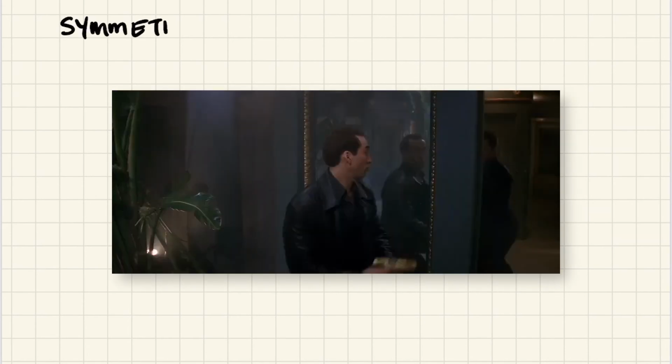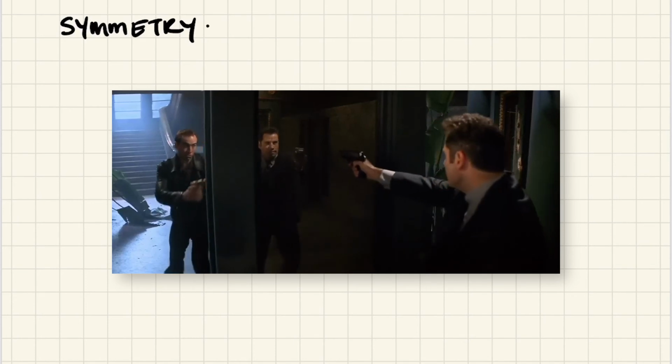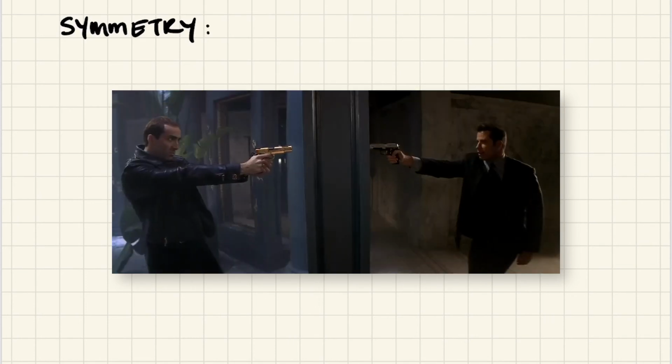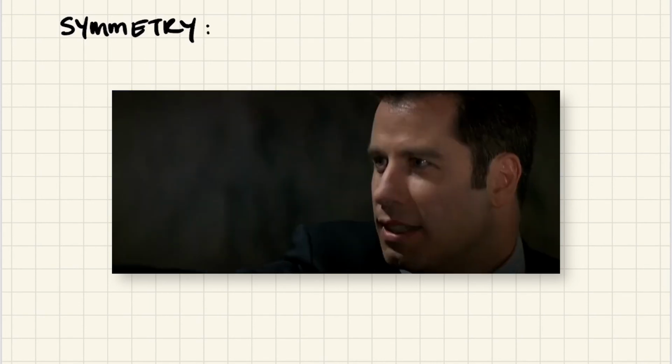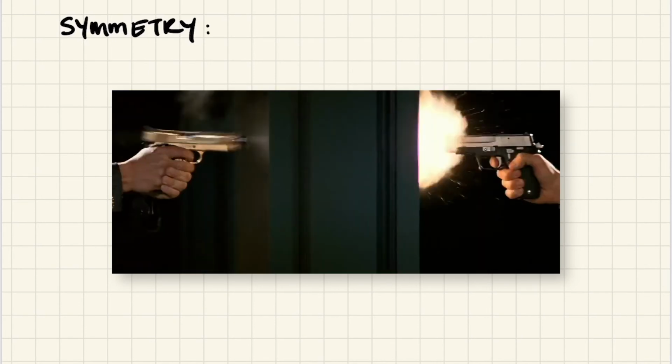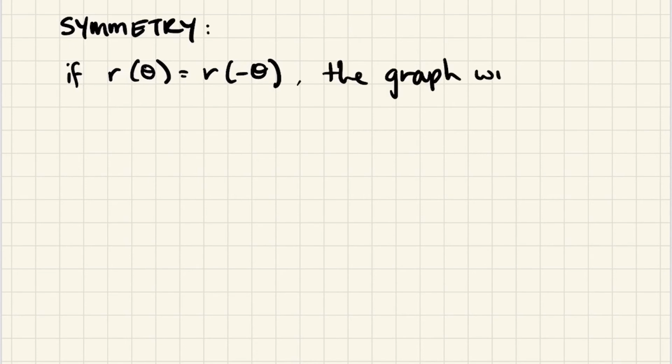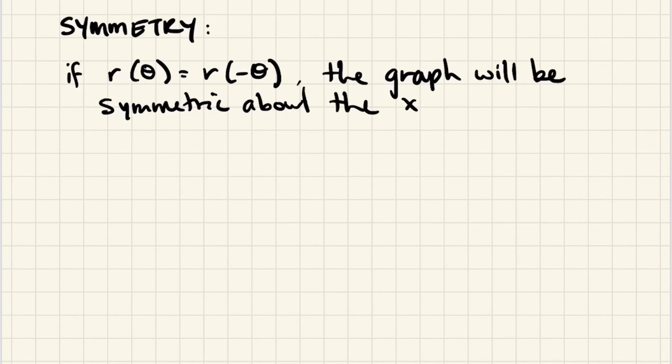Okay, before moving on to any more graphs, I want to talk a little bit about symmetry. We're going to see that there's a lot of radial symmetry that emerges in these particular examples, and we should take advantage of that. So basically, if you have r of theta equaling r of negative theta, then the graph will be symmetric about the x-axis.